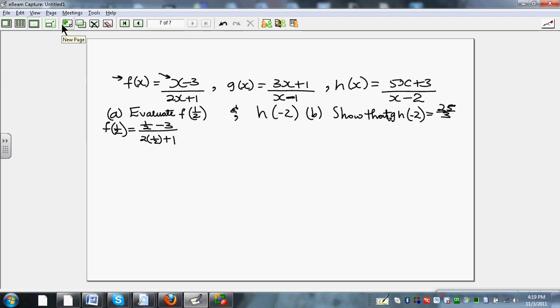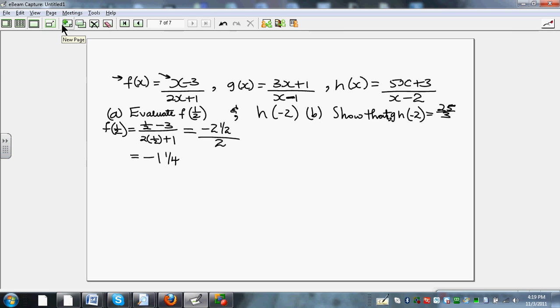Now, if we work this out, a half minus 3 is minus 2.5. 2 by a half is 1. 1 plus 1 is 2. And if we take minus 2.5 and divide it by 2, you'll get minus 1.25.